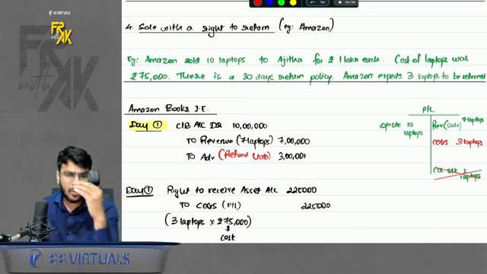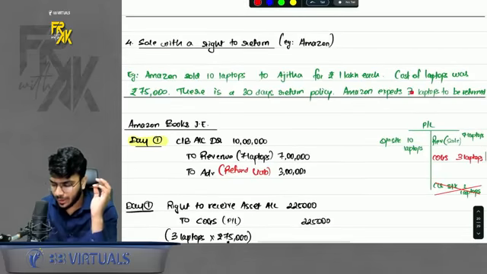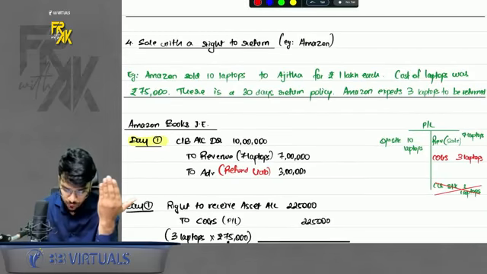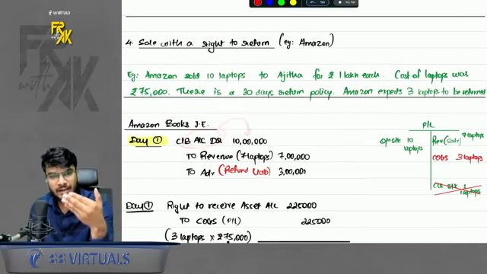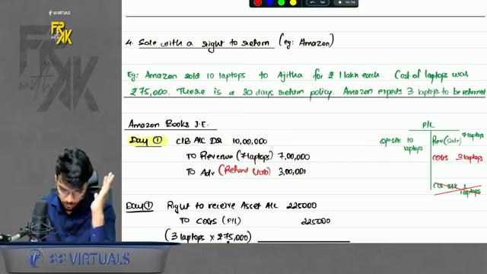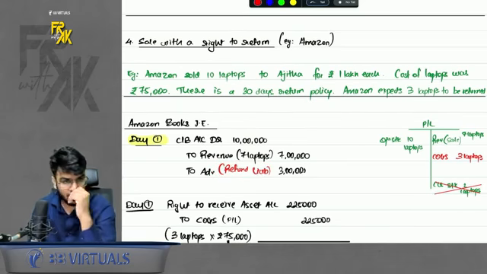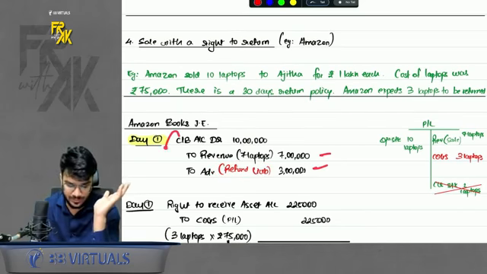Okay. Now how to account for this? So whatever laptops you expect to be returned, you cannot book the revenue on those laptops. So even if you receive the money of 10 laptops, book the revenue only of 7 laptops which you don't expect to be returned. Okay. Balance amount of 3 laptops will be shown like a refund liability. First thing. This entry is very simple to understand.